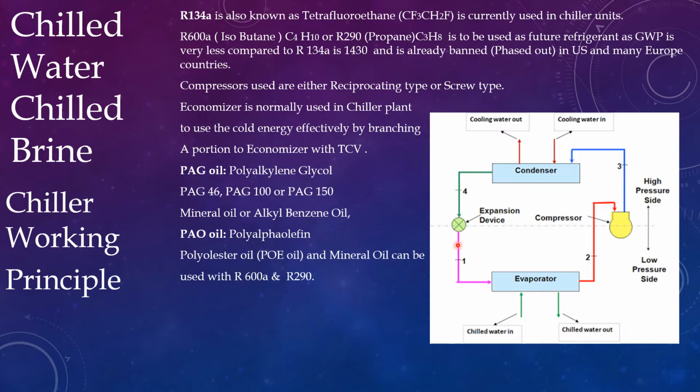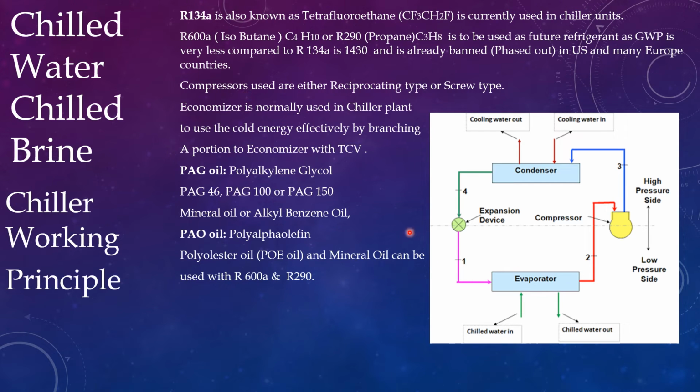It will get expanded, whereas the temperature will reduce and it will become gas almost, with a little liquid also. It will get evaporated and transfer the cooling to the chilled water. Chilled water will come inside and go out chilled. It will be used in a nitrogen plant or wherever needed. If chilled brine is admitted, then chilled brine will go for the downstream usage.